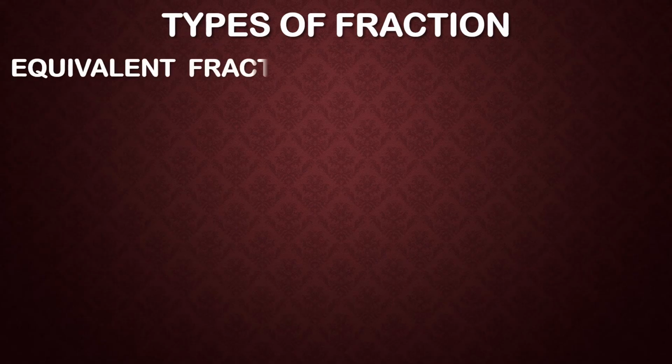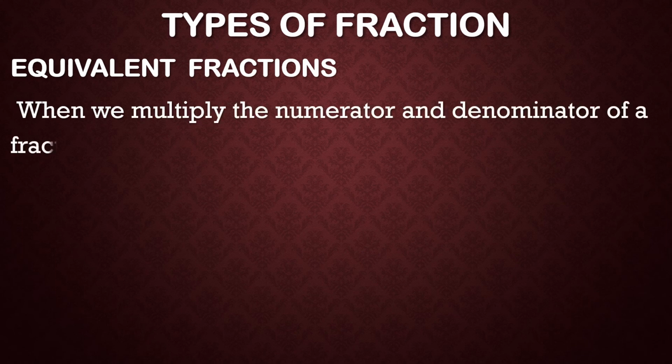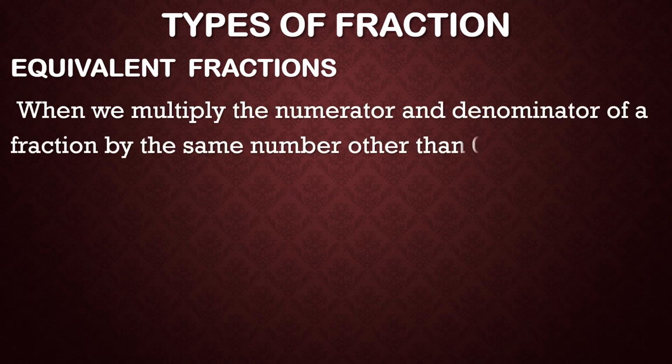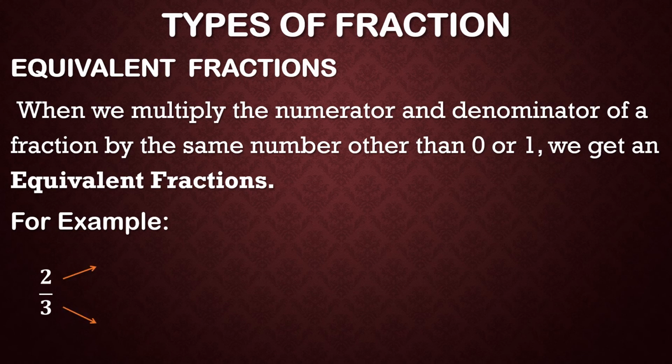Let us study equivalent fractions. When we multiply the numerator and denominator of a fraction by the same number other than 0 or 1, we get an equivalent fraction. For example, find the equivalent fraction of 2 upon 3. To find it, we multiply the numerator and denominator by the same number other than 0 or 1.